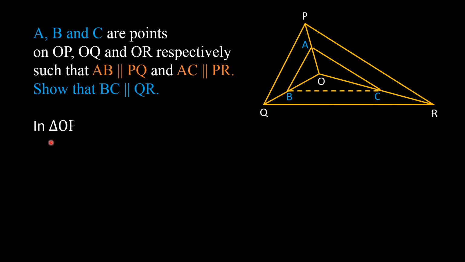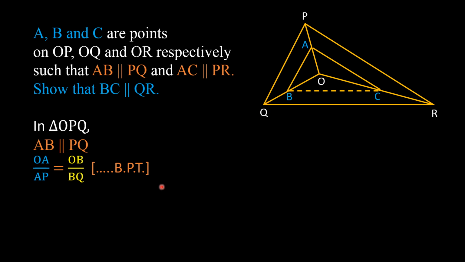First, consider triangle OPQ. We have AB parallel to PQ. So we can apply the basic proportionality theorem and write OA divided by AP equals OB divided by BQ.